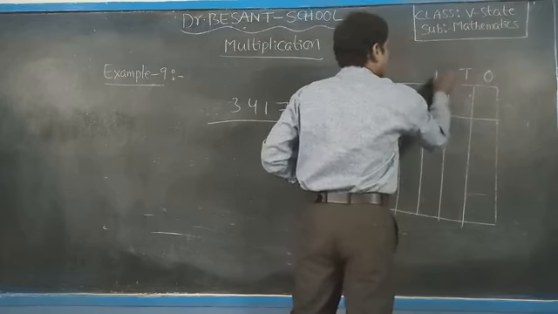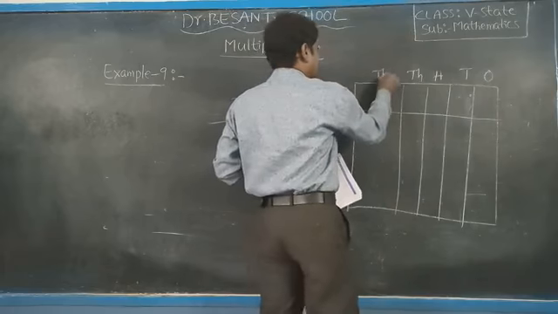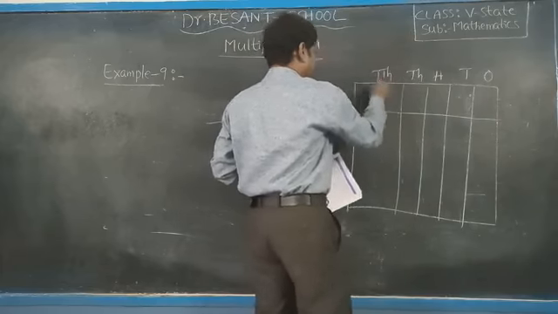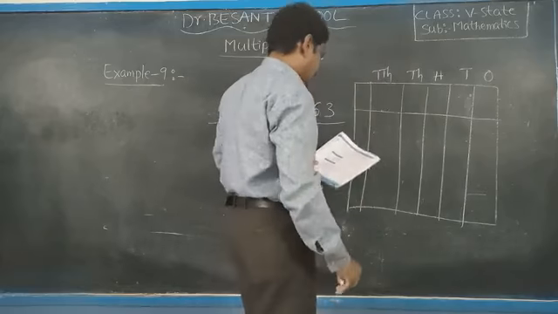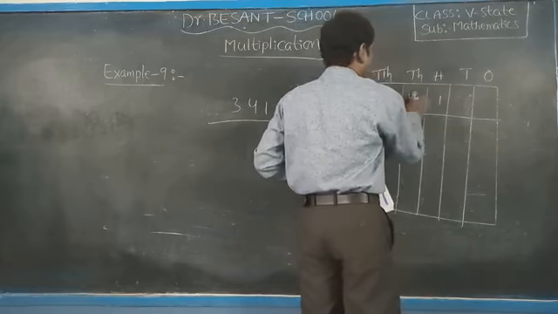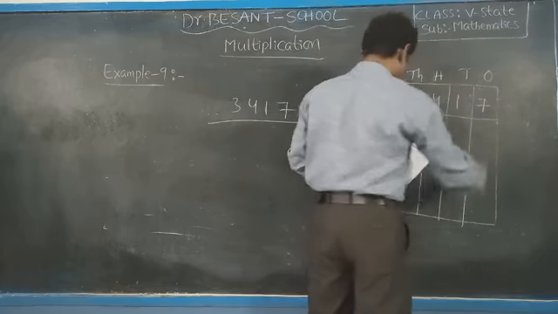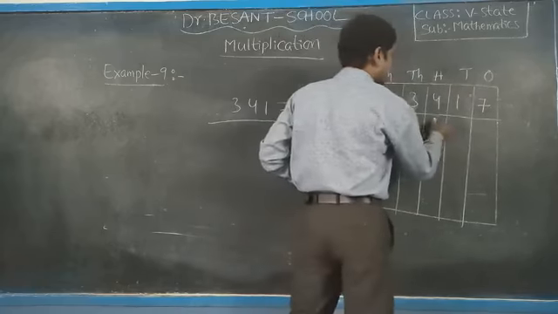Ones, tens, hundreds, thousands, 10,000. So 3,417 into 63.